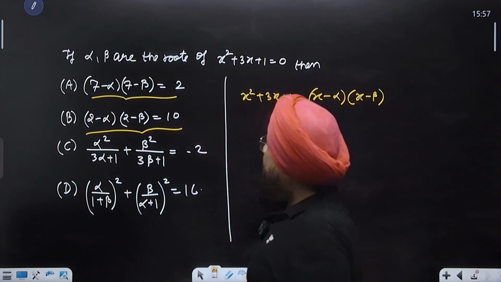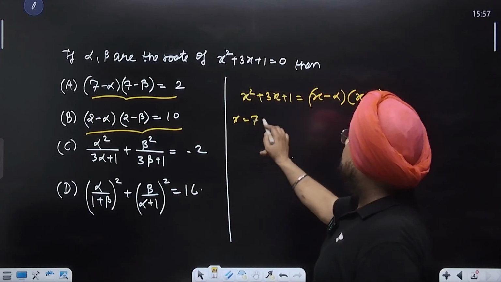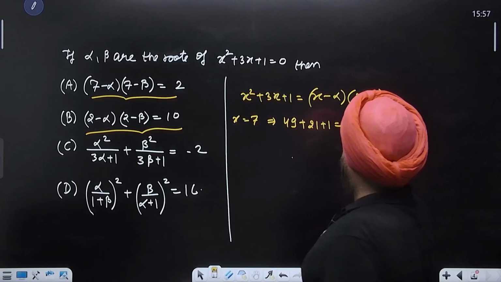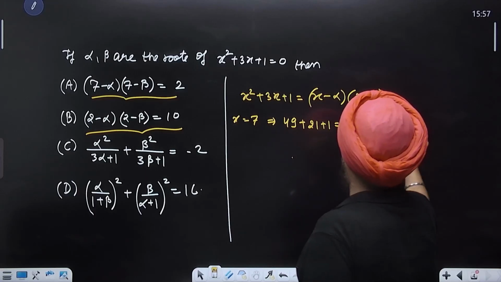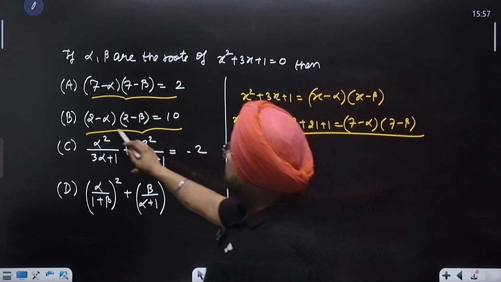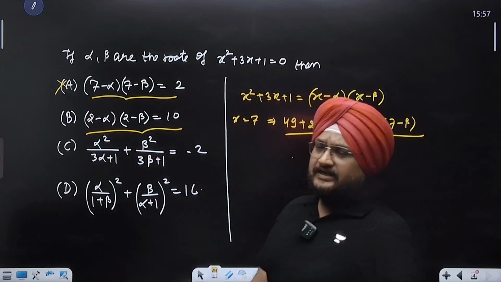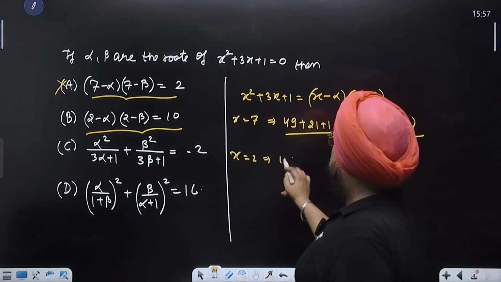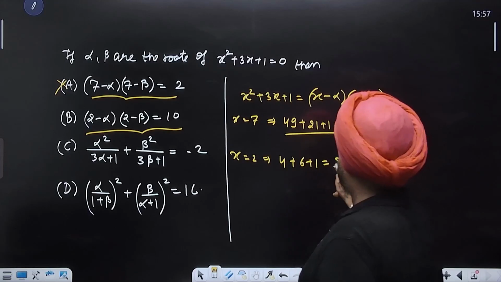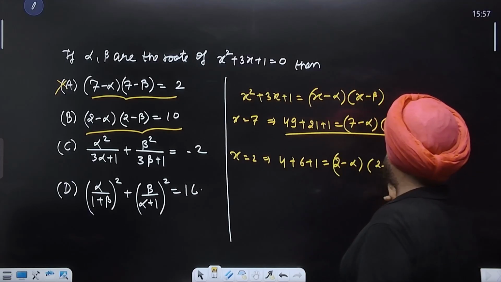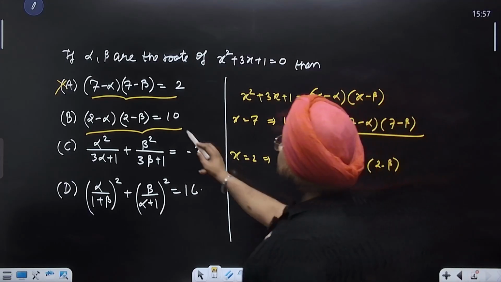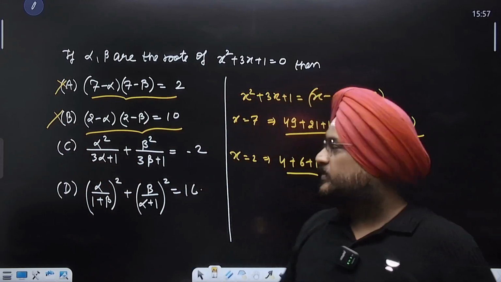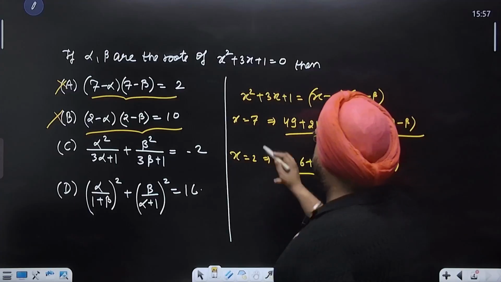So for A and B, if I put x is equal to 7, then this is 49 plus 21 plus 1 is equal to 7 minus alpha, 7 minus beta. So option A is clearly incorrect. If I put x equal to 2 in this expression, 4 plus 6 plus 1 is equal to 2 minus alpha, 2 minus beta. So this is 11, here it is given 10, B is also incorrect. Okay, so for A and B we have used this concept.